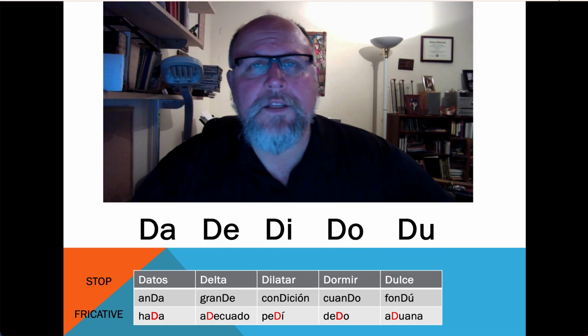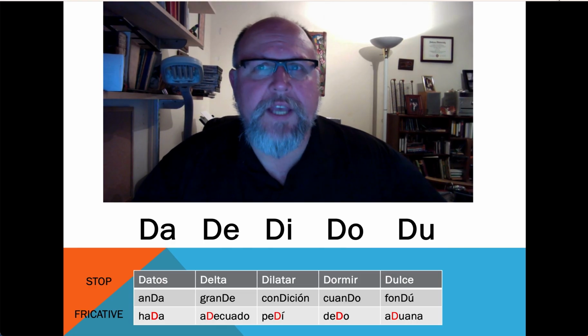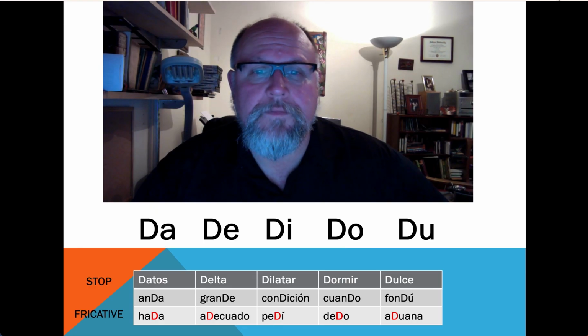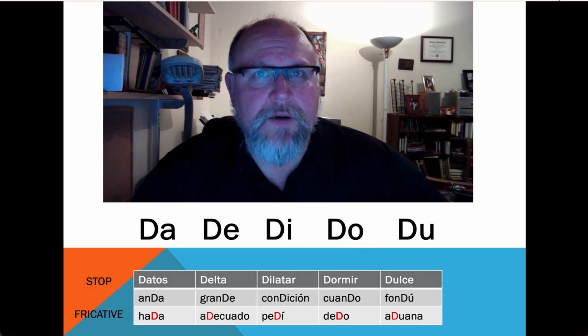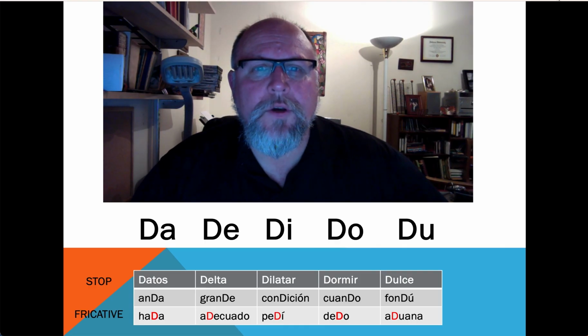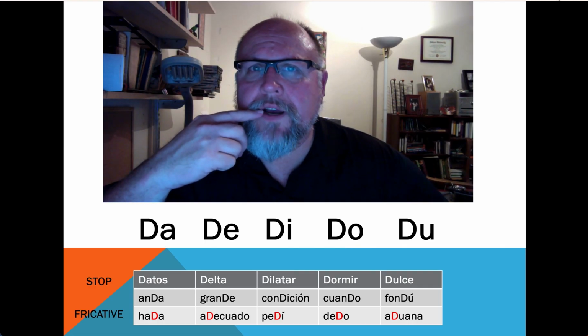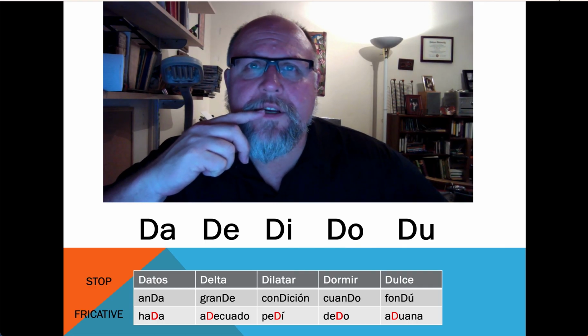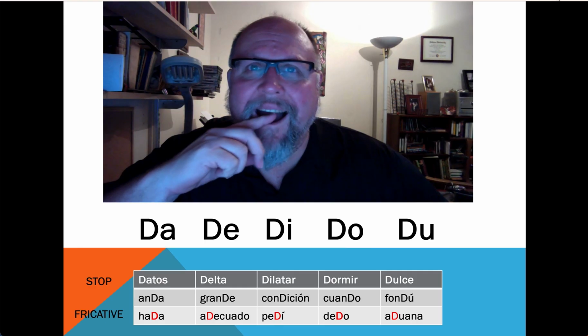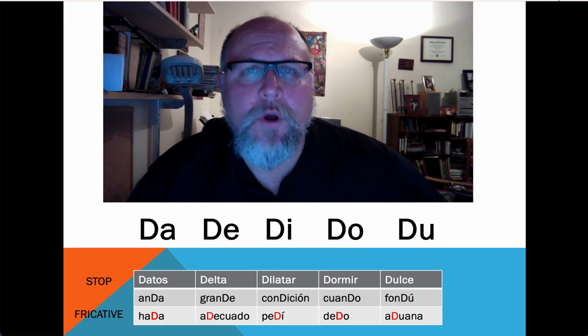The D in English and the D in Spanish are the same, except the D in Spanish changes a little bit when it's in the middle of the word, when it's surrounded by two vowels. So we say da, and it's actually said with the flat part of your tongue right behind that ridge where you're behind your front teeth. It's called the alveolar ridge.